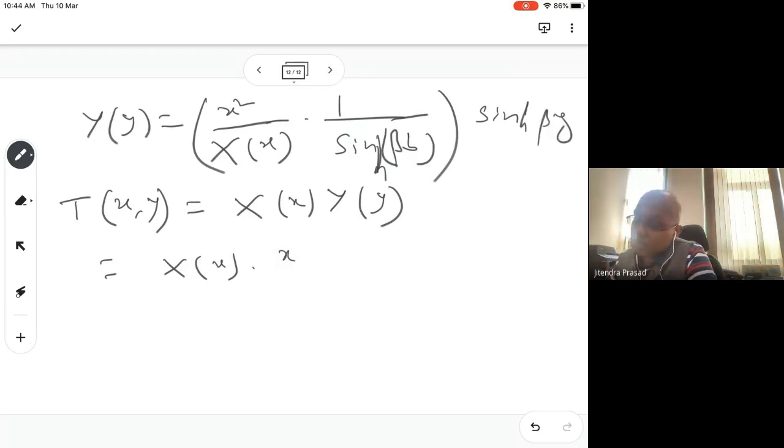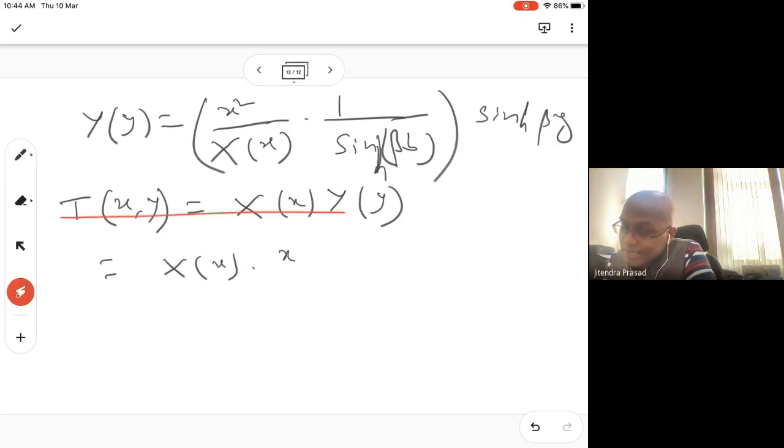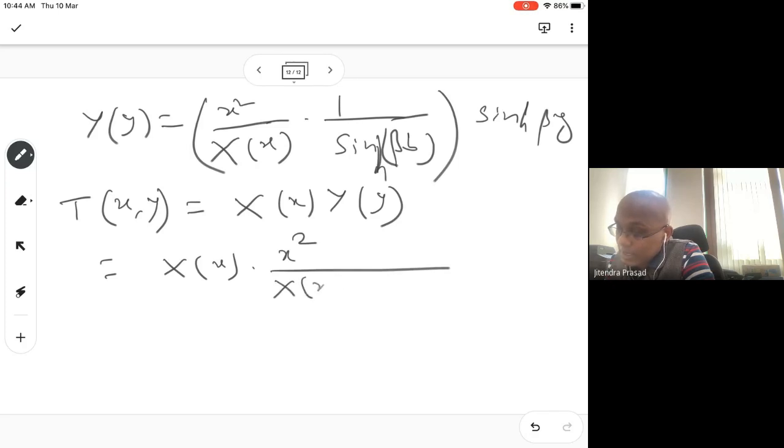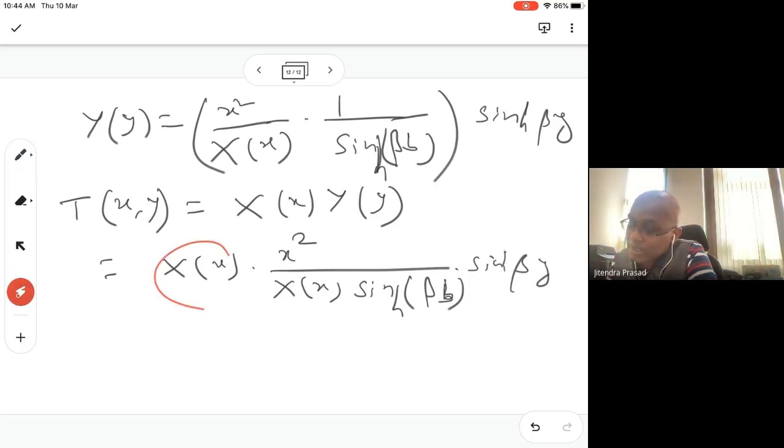Yeah, this is y. So this equals xy, then y this one. So we have xy multiplied by this one. So we have x square divided by xx sine h beta b, and then you have sine h beta y. So these will cancel out.